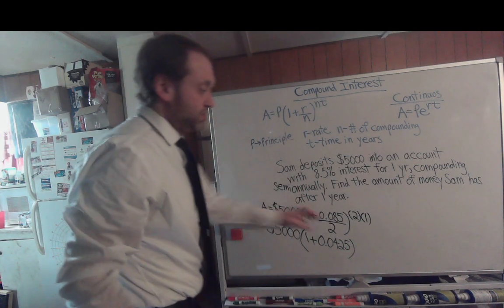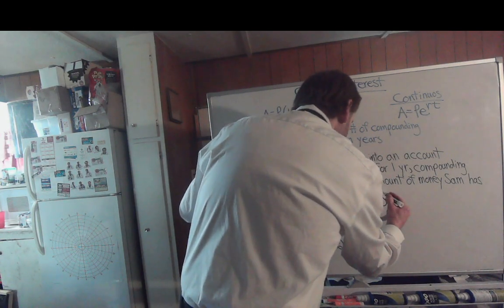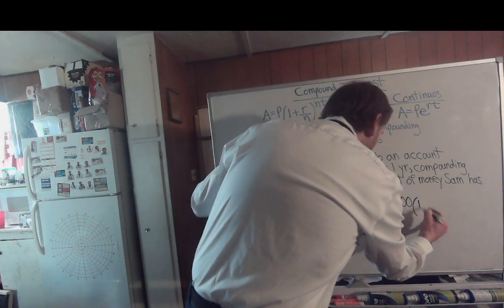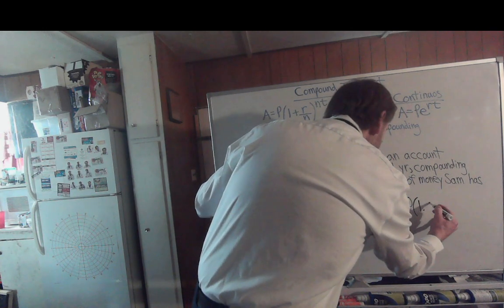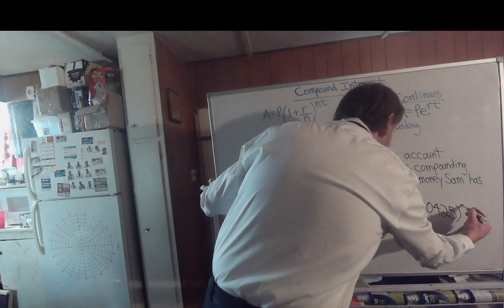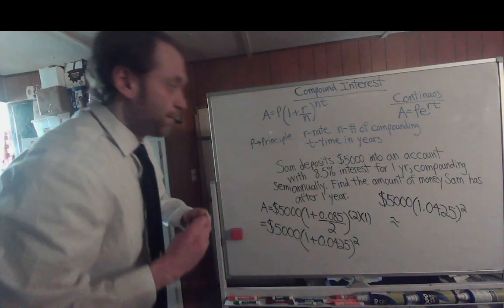Raised to the 2 times 1 power, that would just be raised to the second power, which would then mean that we have $5,000 times 1.0425 raised to the second power, which will give us an approximation here.